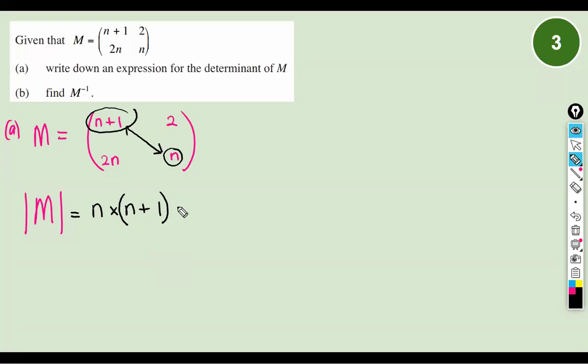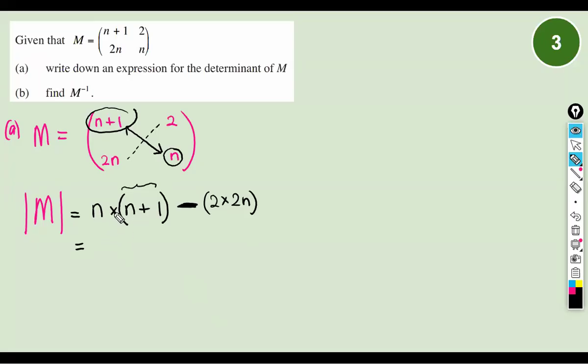Then you do what? Remember the annoying must put what? A minus sign right after. And then you multiply the less important diagonal. So it's 2 multiplied by 2n, right? Everyone in this brackets gets multiplied by n. N by n is not 2n.